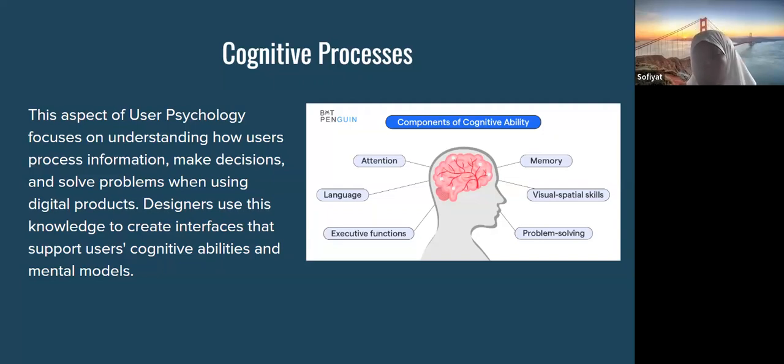The components are memory, attention, language, the executive functions. These are the cognitive processes you need to understand: put yourself in their place, listen to them, to understand them very well.